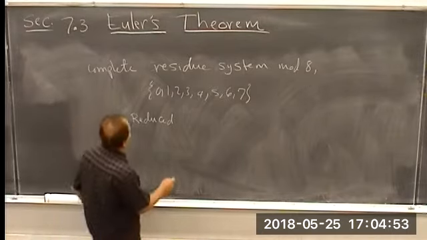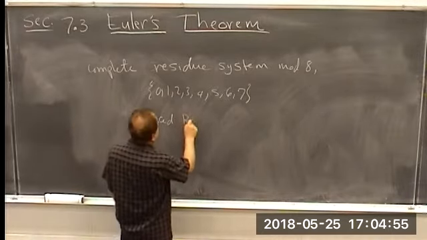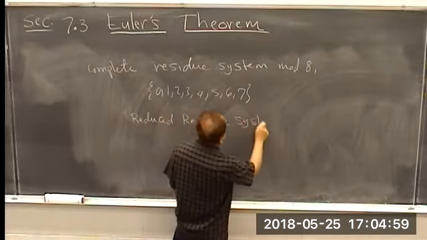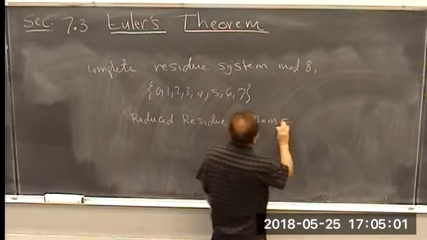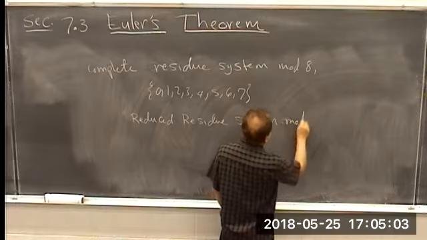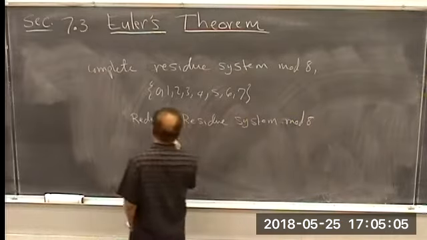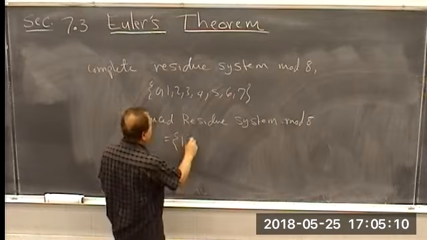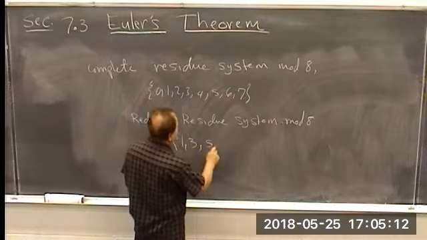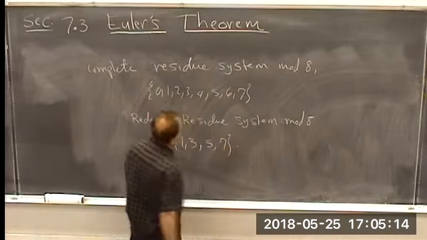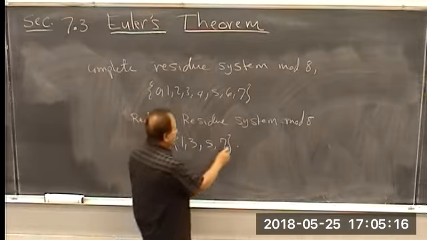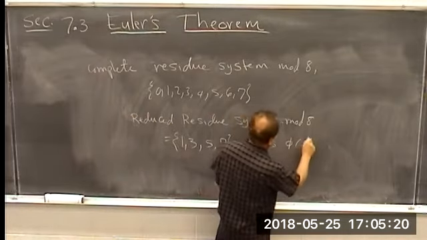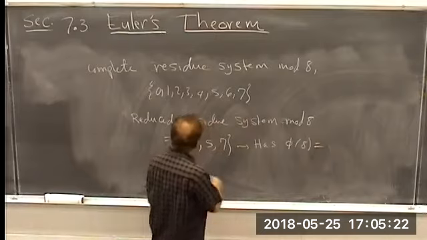So the reduced residue system mod 8: the 0 is out, 1, 2 no, 3, 4 no, 5, and 7. So it consists of, as you can see, phi of 8, which is equal to 4 elements.